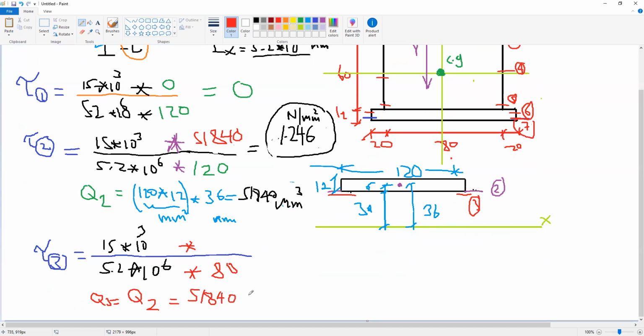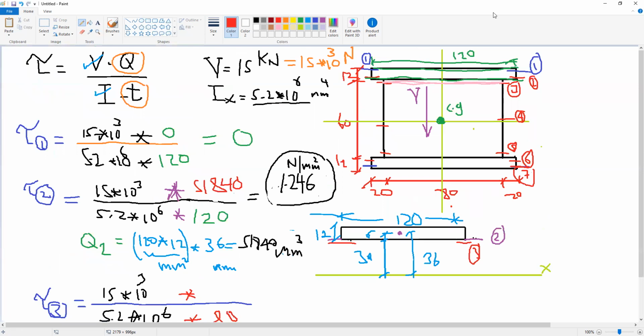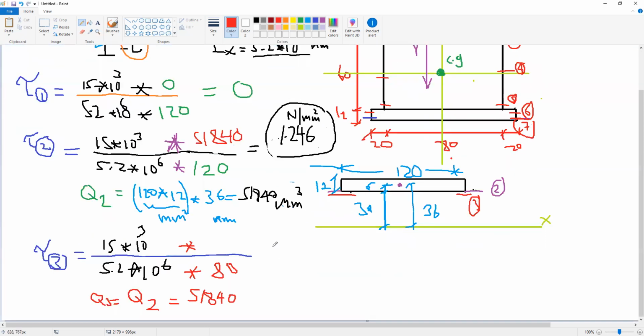You have to know that at any change of shape of the cross section, the moment of area will be the same, because the area above the line is the same.